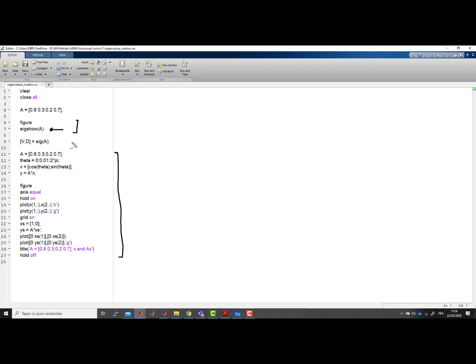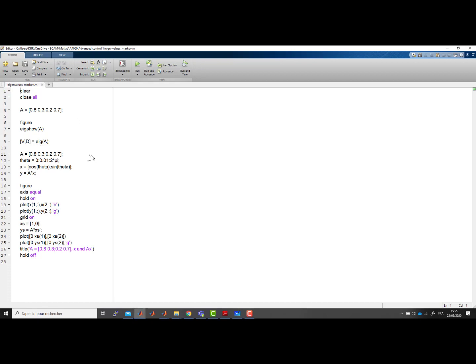Also, the eigenvalues and eigenvectors of a matrix can be obtained using the command eig in Matlab. The eigenvalues will be here on the diagonal of this diagonal matrix, and the eigenvectors will be stacked in V over here.